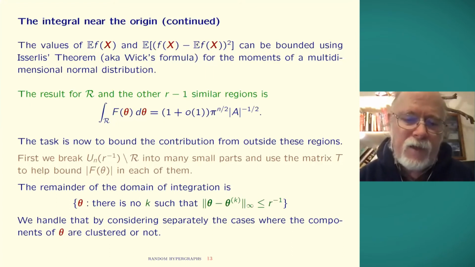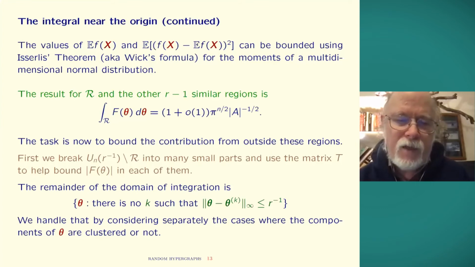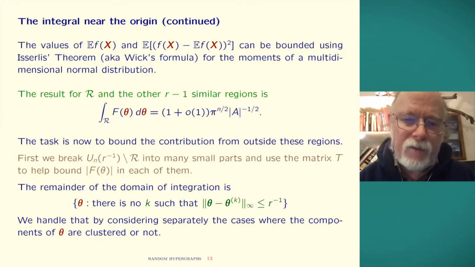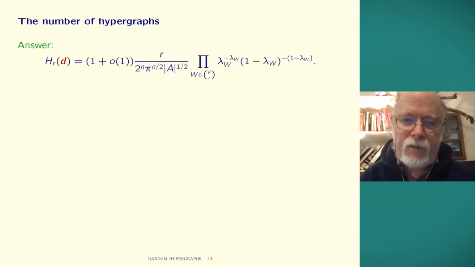And we have a couple of cases considered separately, basically according to whether they're clustered or not. And we bound the integral there. So overall, it turns out the integral outside the R small regions is negligible compared to the integral inside those regions. And it's what the answer looks like.